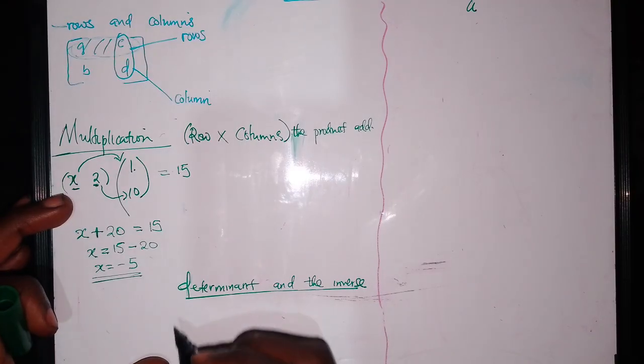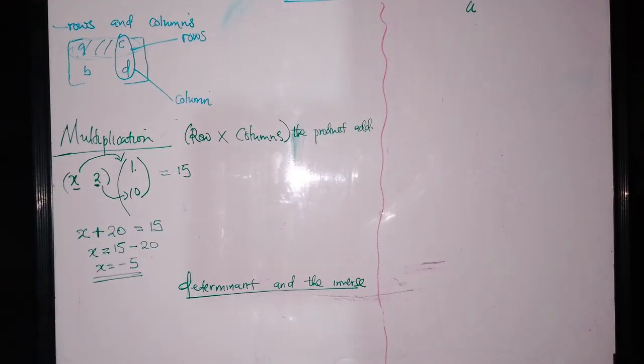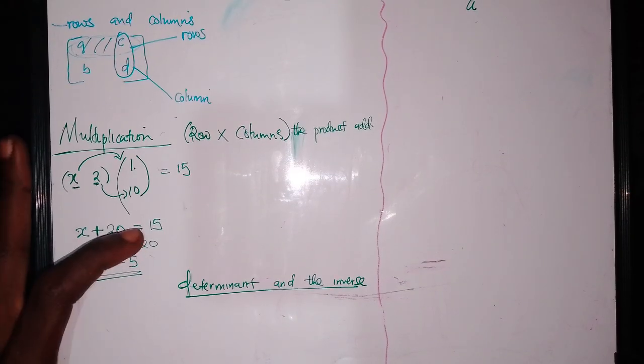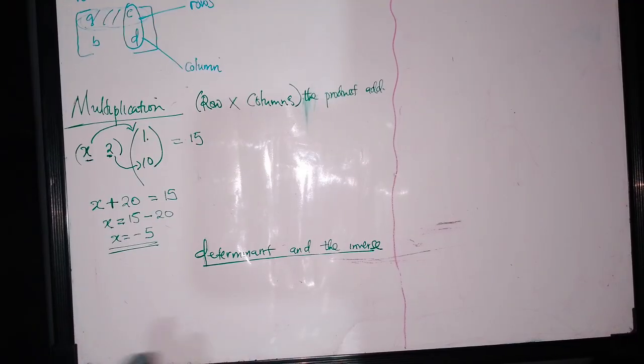So these are the two things which you come across in paper 2. How do we calculate the determinant and how do we calculate the inverse of a matrix? Again, you need to understand the way matrices are arranged.